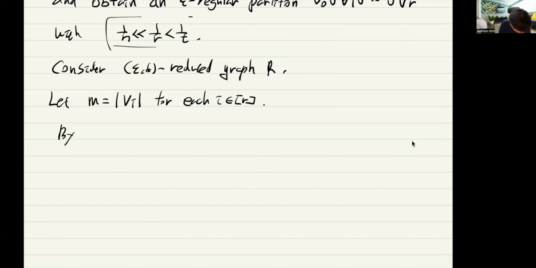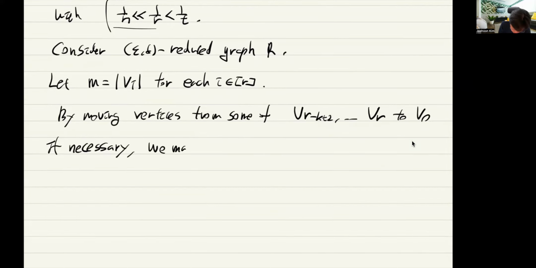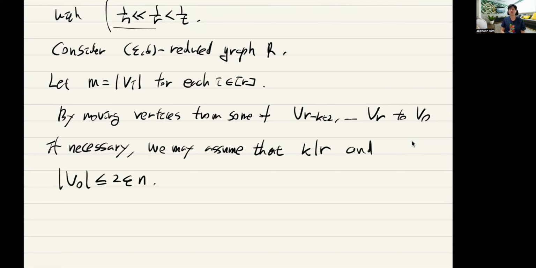And what? By moving vertices from some of B_{R-K+2} to B_R, to B0 if necessary, we can assume that K divides R. And we may assume that B0 still has at most 2 epsilon n vertices. Initially in this epsilon-regular partition, the number of exceptional vertices in B0 is at most epsilon n, but how many have we added?